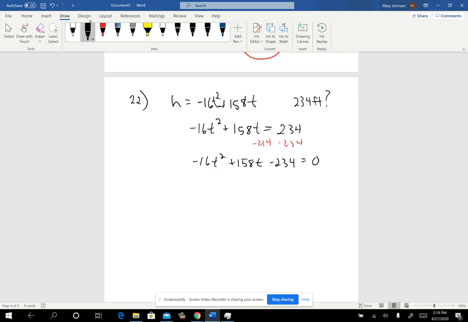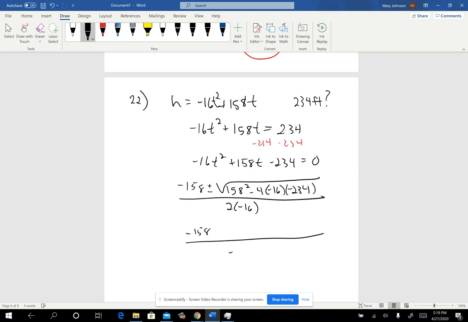Now, don't even try factoring when the numbers are that messy and that big. Plus it said we could round to the nearest tenth. So I'm just going to jump right into the quadratic formula. The numbers are larger than you're used to, but you've got a calculator, so use it. This would be negative 158, over 2 times negative 16, which is negative 32.